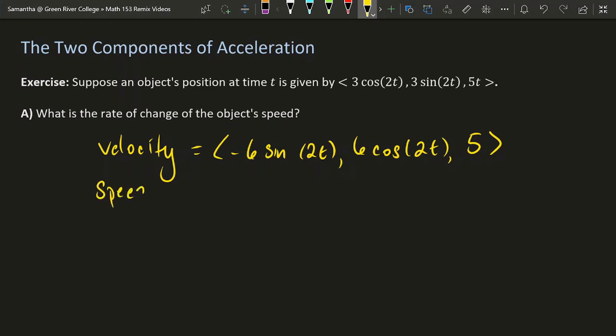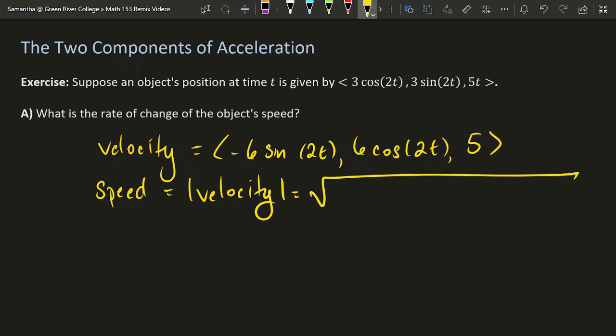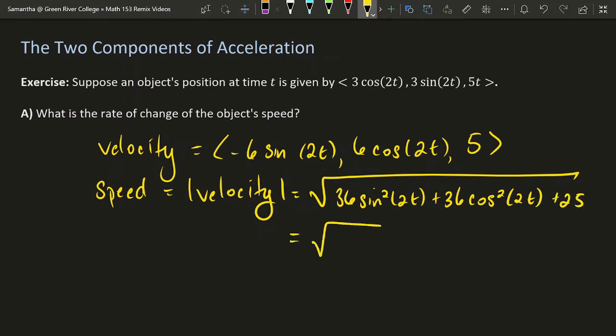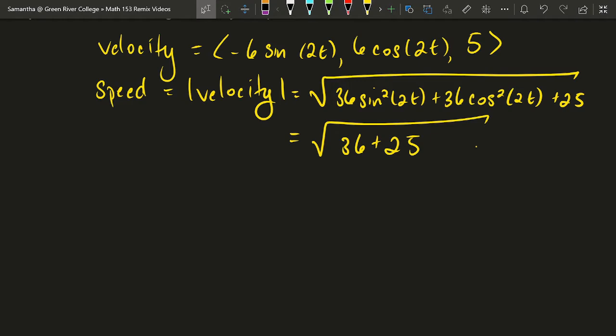And to find the speed, I'm going to take the magnitude of velocity, and applying the Pythagorean theorem to that, I can take this sine squared and this cosine squared and transform that into a 1, leaving me with this constant speed equal to the square root of 36 plus 25.